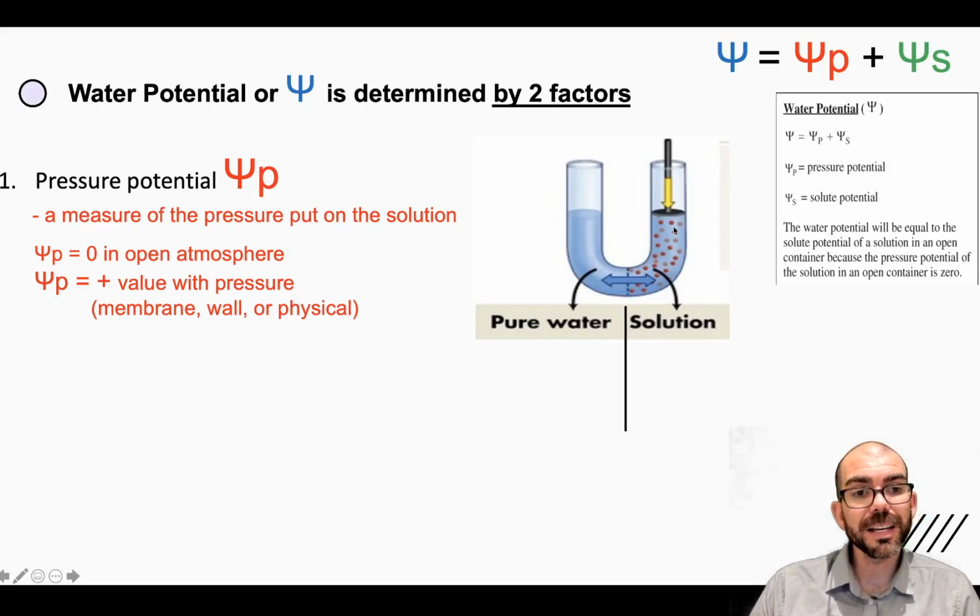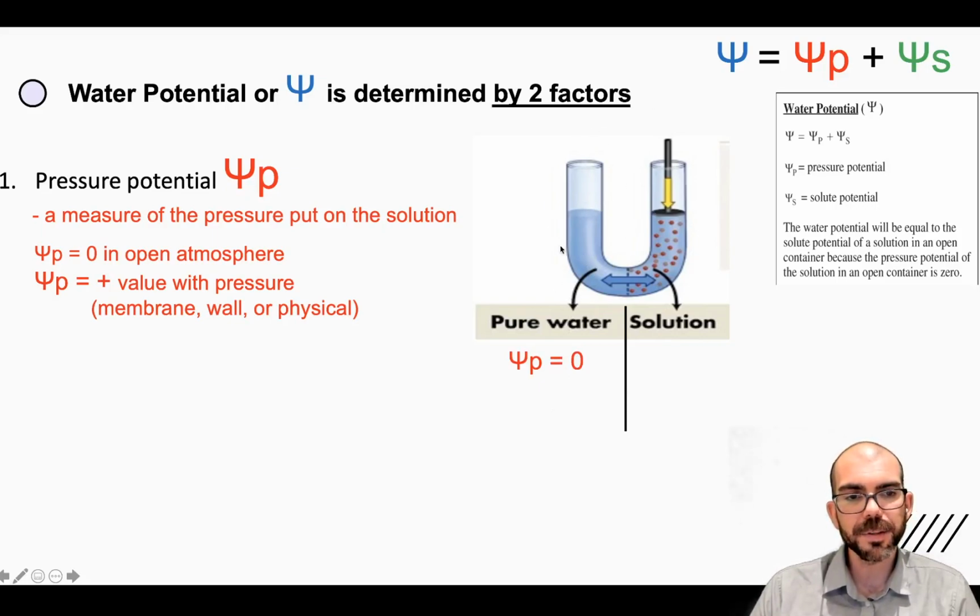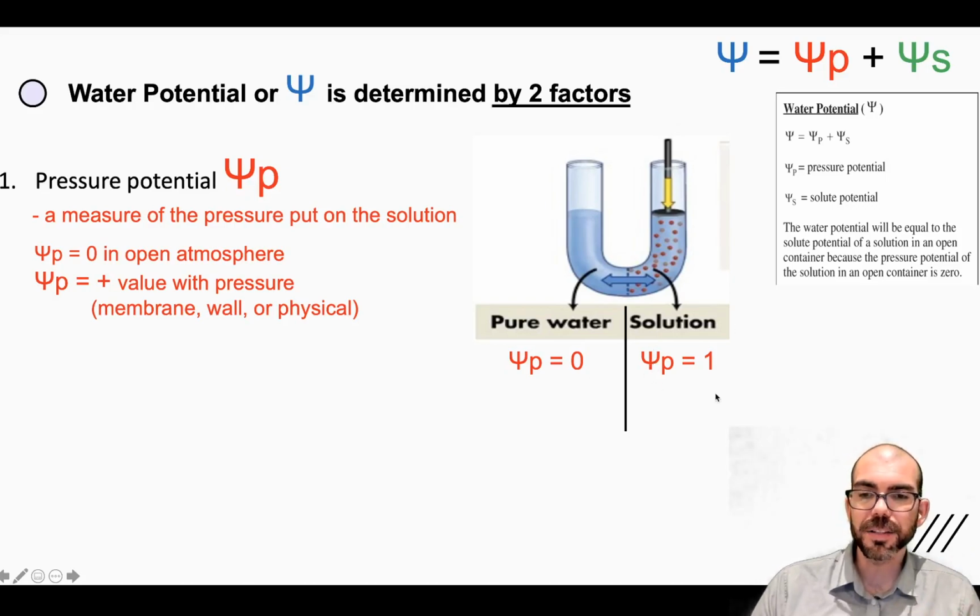But if pressure is being applied physically by an apparatus like in this picture, or by a cell membrane or a cell wall, the pressure potential value can be positive. So for this apparatus, I would say the pressure potential is 0 on the left-hand side because it's an open container, open to the atmosphere, but here pressure is being applied, and I happen to know that it's a pressure potential of 1.